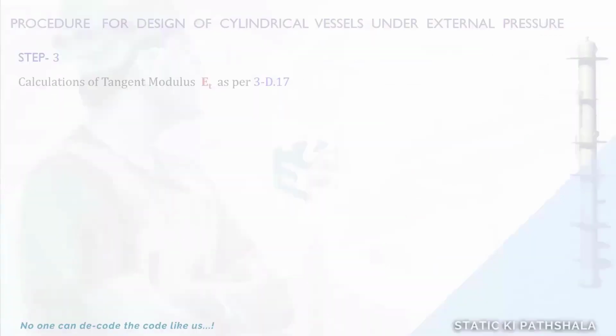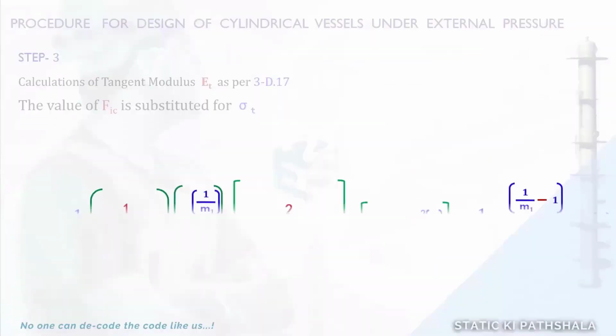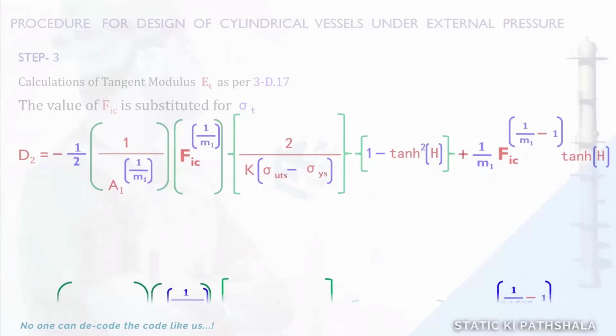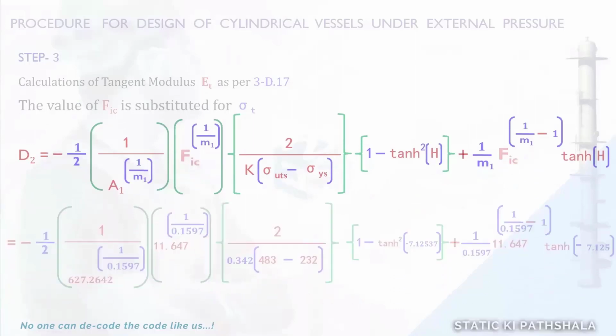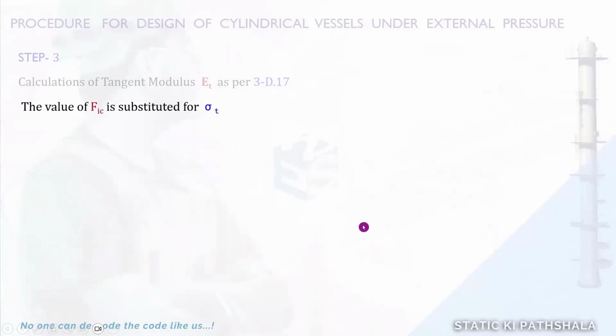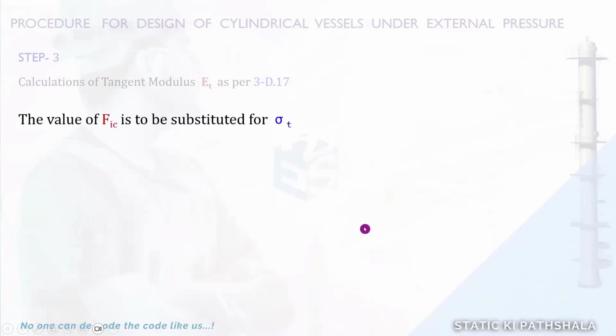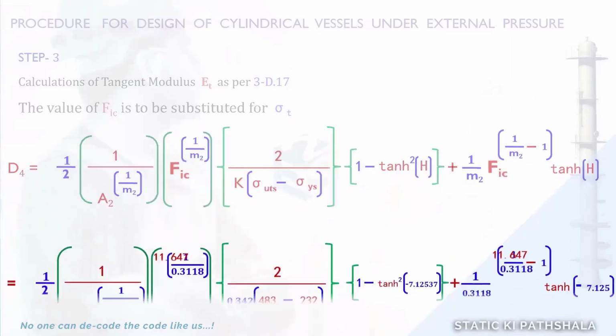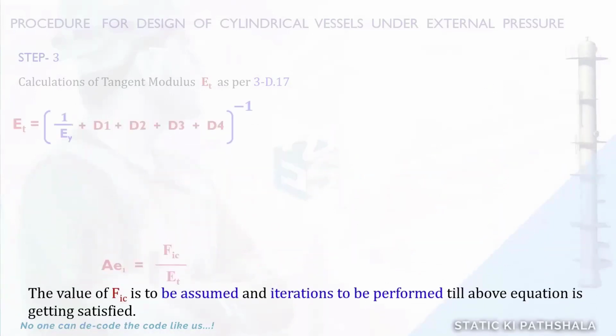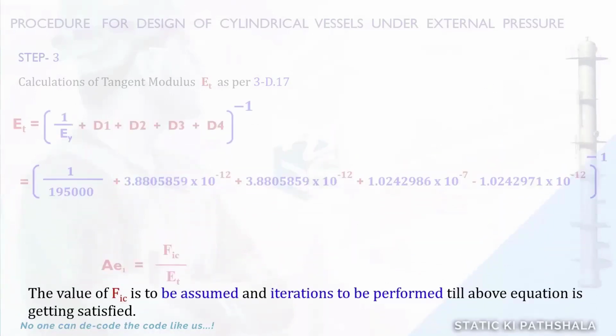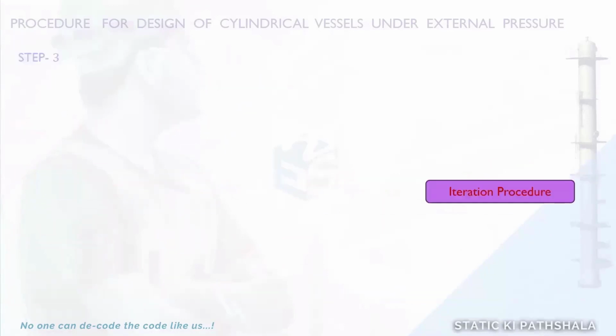If you just have a look, each and every substitution has been done, and every calculation has been performed to the level where you can also cross check it if required. So every step, every small equation has been solved, and the answers have been matched with the PV software as well.